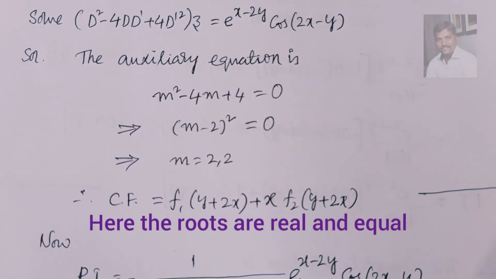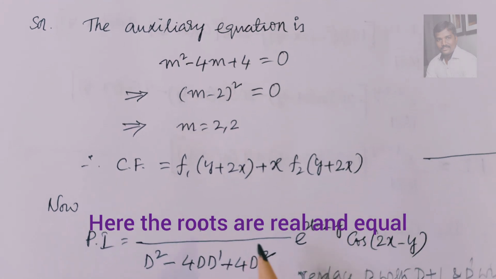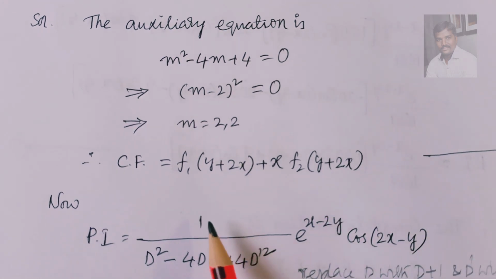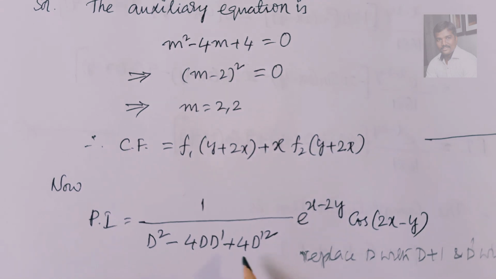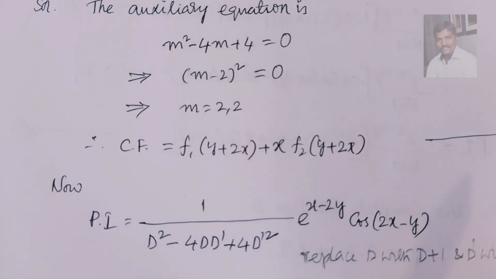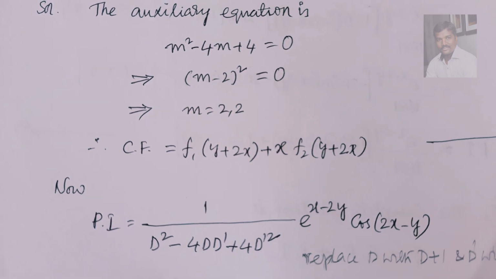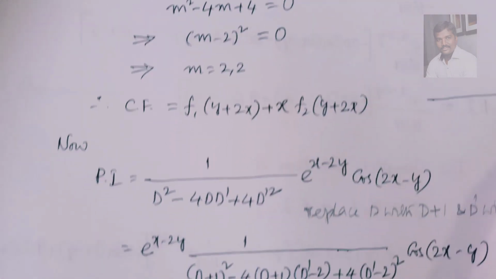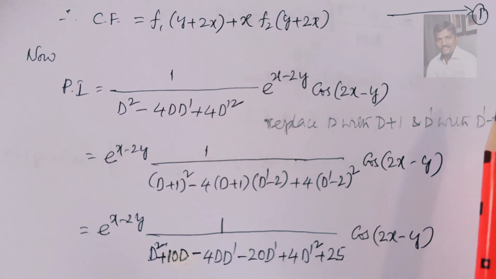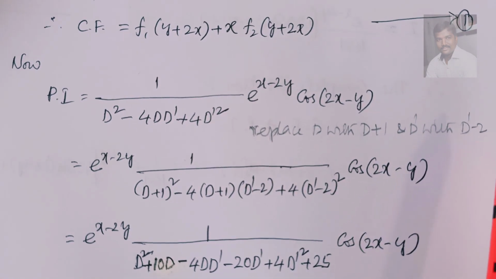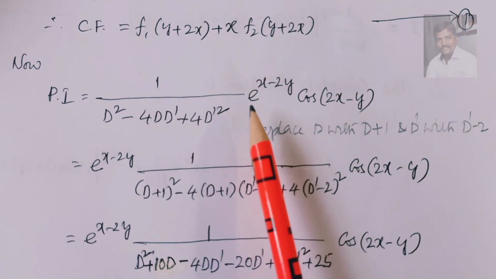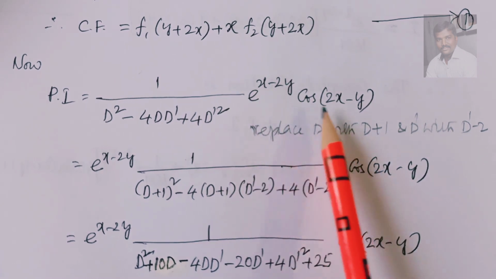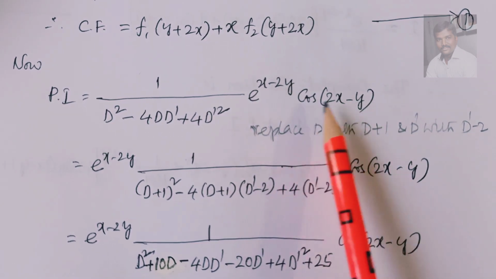Now let us find the particular integral. The particular integral formula is 1 by f of D, D dash, that is 1 by D square minus 4DD dash plus 4D dash square into e power x minus 2y into cos of 2x minus y. You can observe that the right hand side function is in the form e power ax plus by into some function, case 4, the trigonometric one.